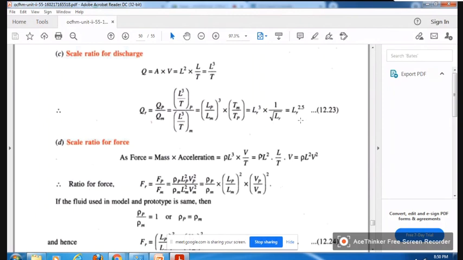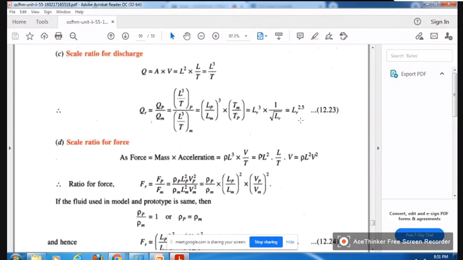Geometrical similarity means the ratios should be the same. Length ratio, width ratio, diameter ratio: if these ratios are different, it is not geometrically similar; if all ratios are equal, then it is geometric similarity.